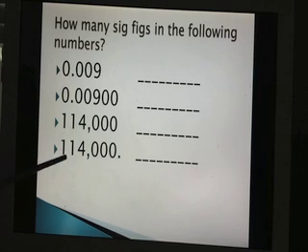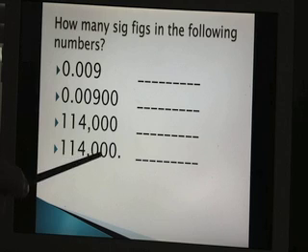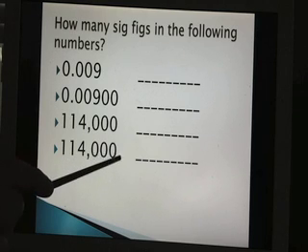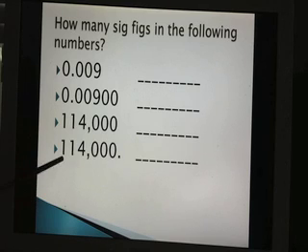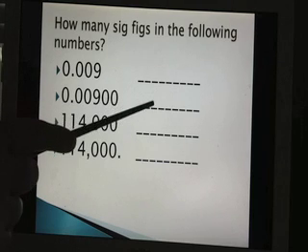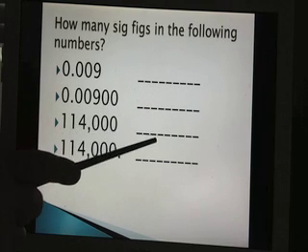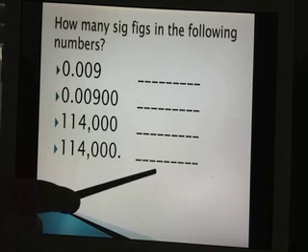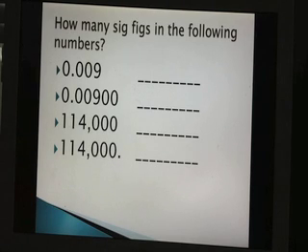So our last example, 114,000 with a decimal, there's a decimal present. We will count those zeros after those digits. So there are 6 significant digits in that value. So I hope you've written this down. 1 sig fig here, 3 here, 3 here, and 6 here because of the presence of the decimal.